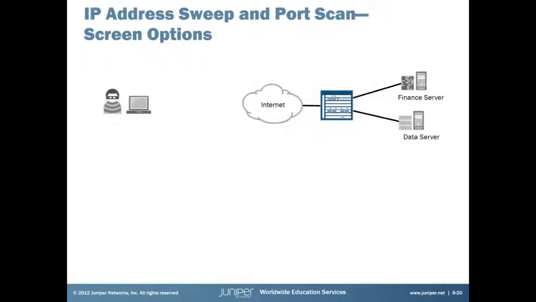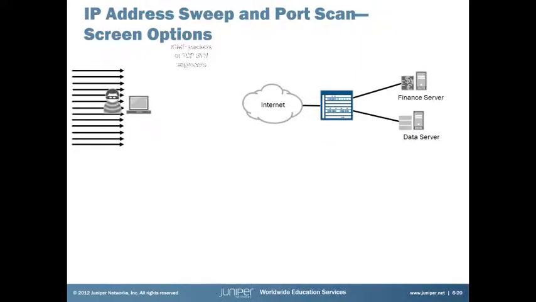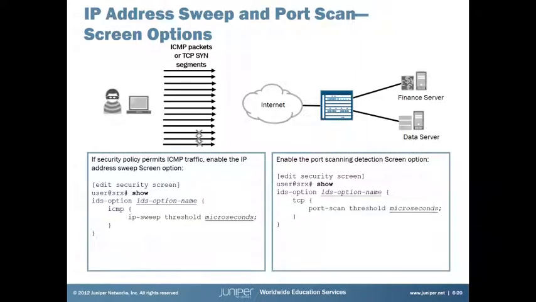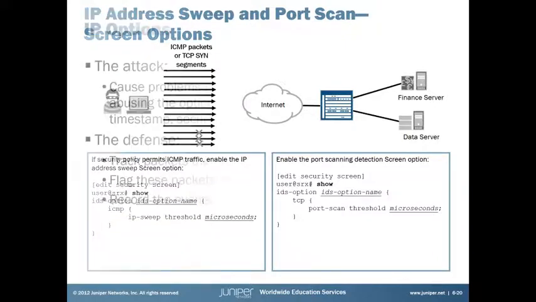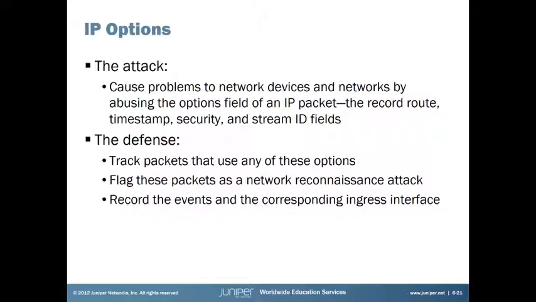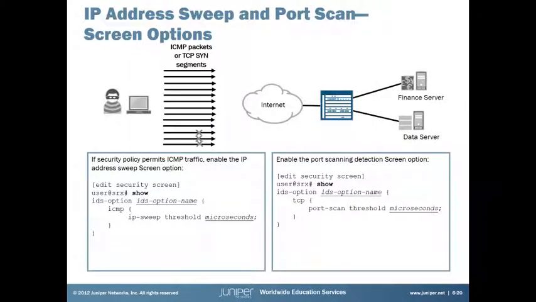Okay, so this is our scan, this is our hacker there, sending lots and lots of pings or TCP SYN segments coming through. Then this is our option here where we have the IP sweep threshold. We'll set that up in microseconds there. And the same goes for the port scanning here.